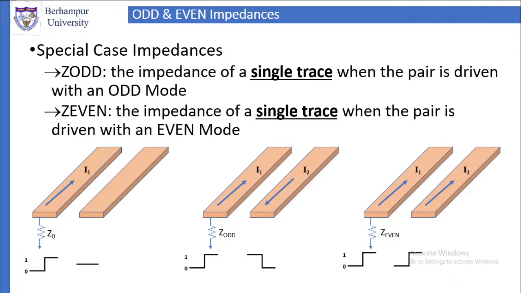So the impedance of a single trace of the left line when the pair is driven with odd mode is called Z odd. Similarly, the impedance of a single trace when the pair is driven in the even mode is called Z even. Total impedance is Z even plus Z odd. That gives us the total impedance Z0.